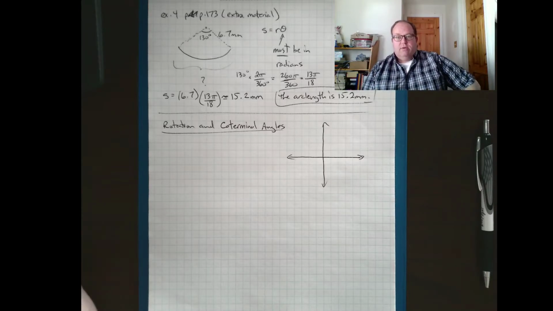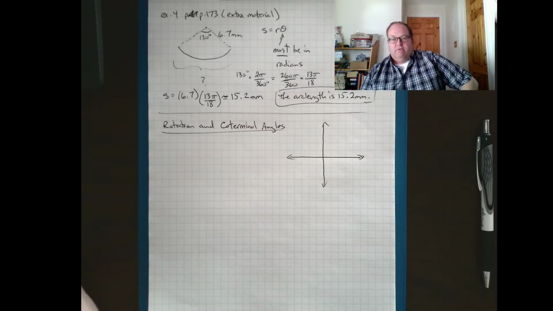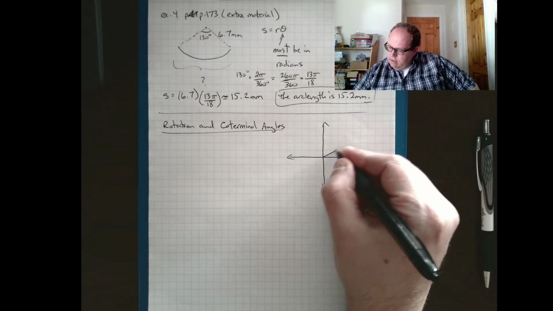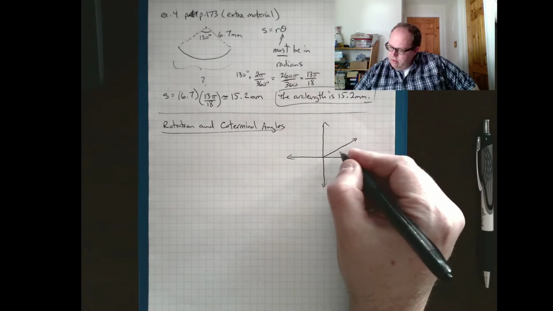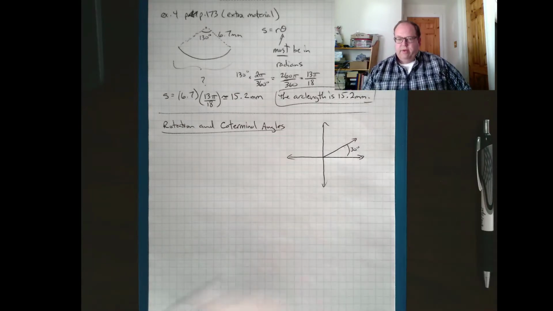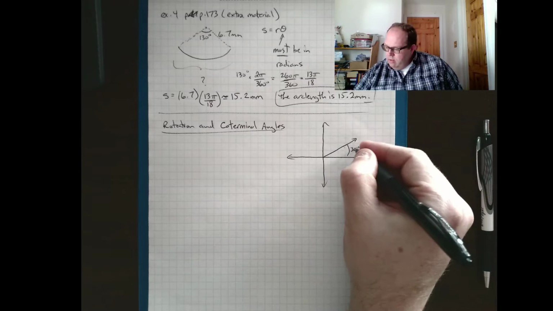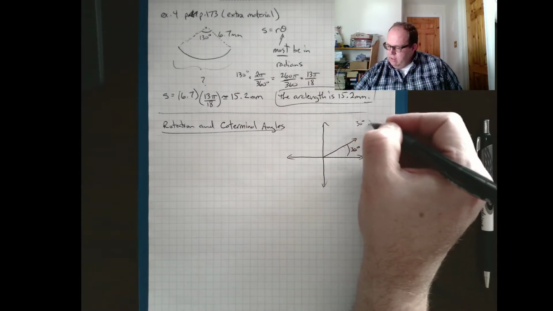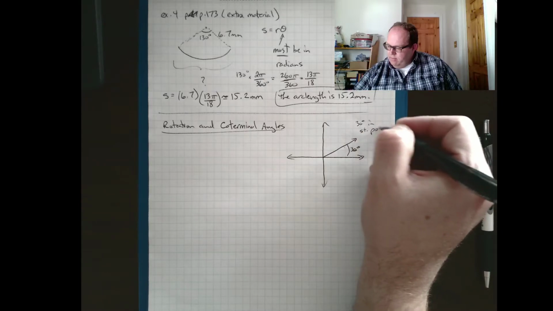And I want to show an angle in standard form of 30 degrees. Something like this with a 30-degree angle. So this is 30 degrees in standard position.